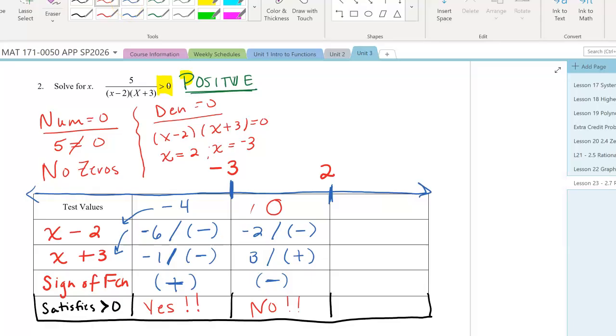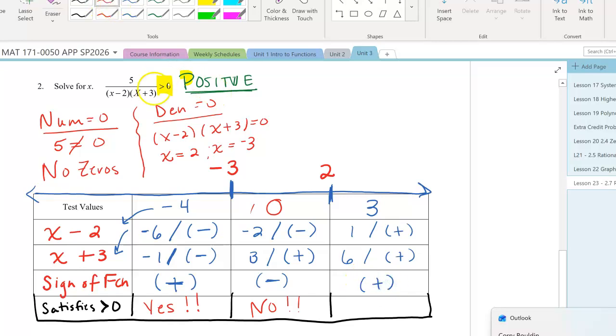Finally, we move to the third interval. That would be numbers greater than 2, so I'm going to choose 3. If I plug 3 in there, I'm going to get 1, which is positive, and 6, which is also positive because 3 plus 3 is 6, and a positive times a positive will give me a positive.